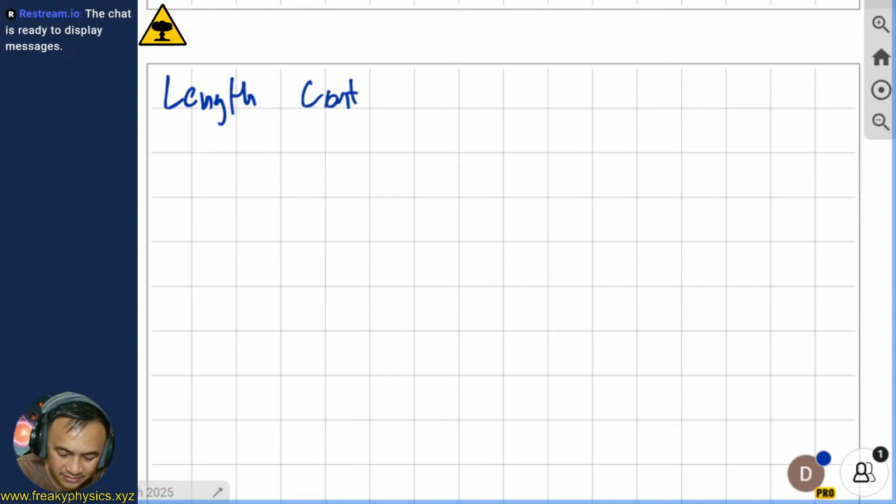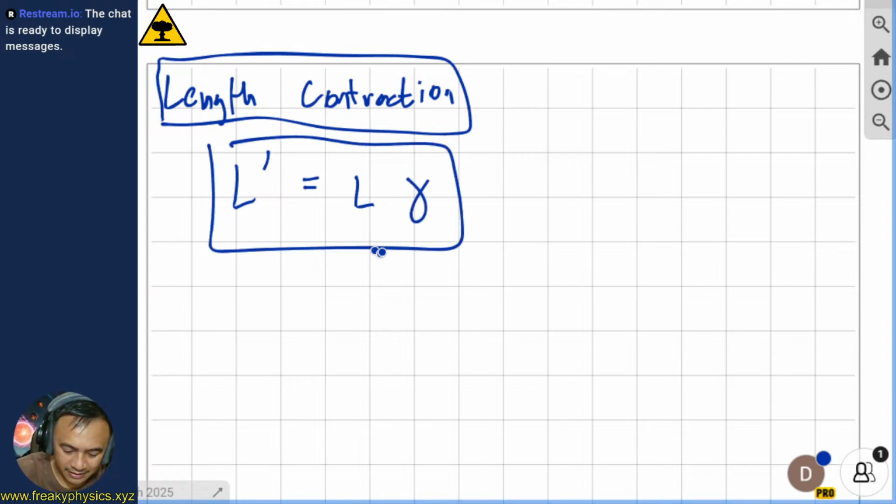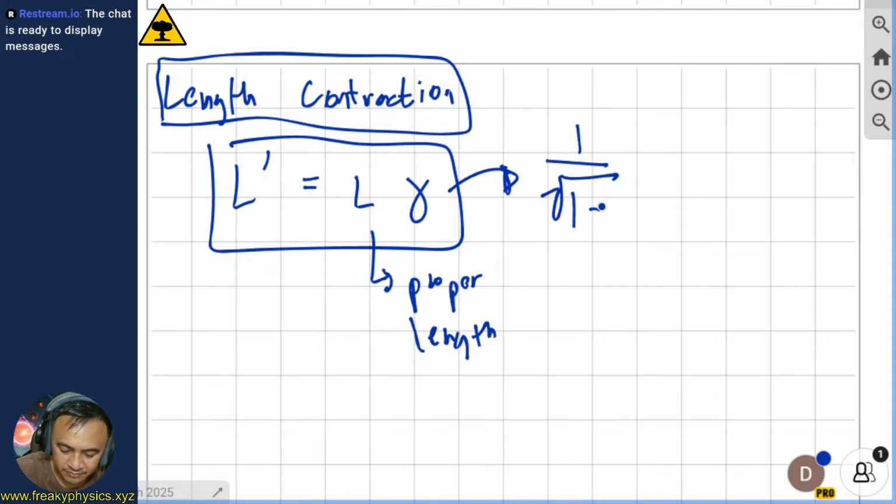By that I mean we need to cover a lot of things here. But suffice to say for now that L prime here, the equation here is L times gamma. Again, L is the proper length. And gamma here will be equal to 1 over root of 1 minus v squared over c squared.